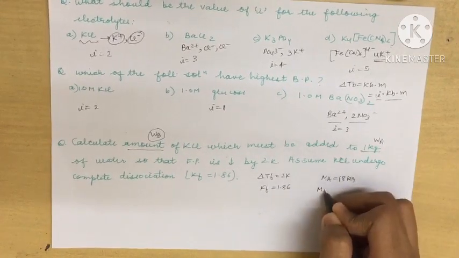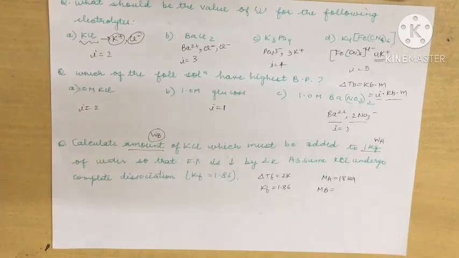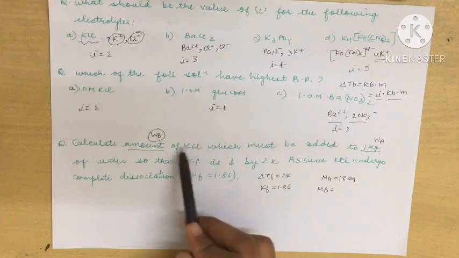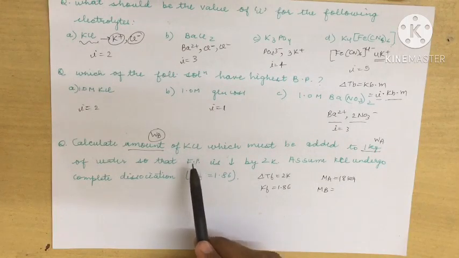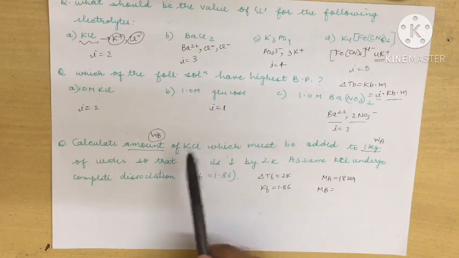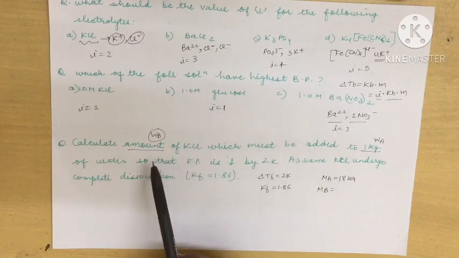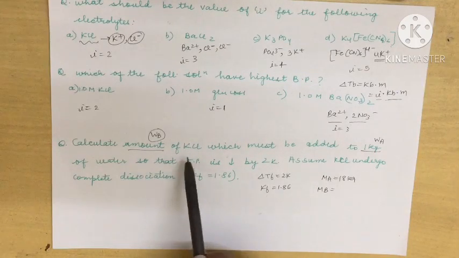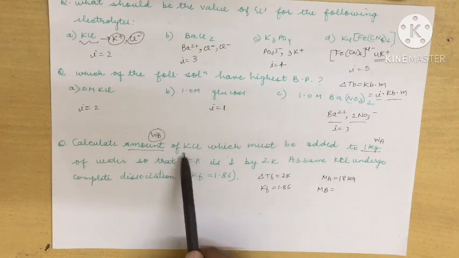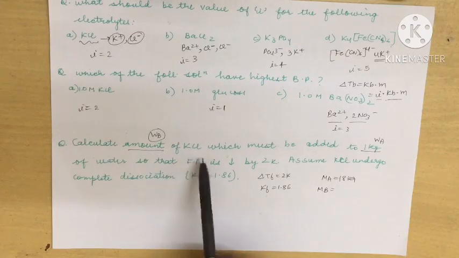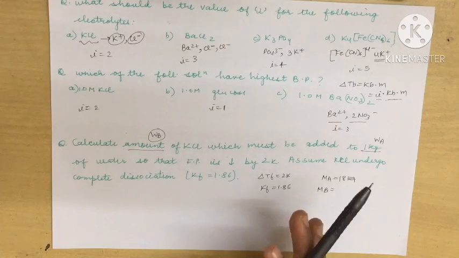Do you know what is the value of Mb, if you calculate the value for KCl? Now see, you are already using the Van 't Hoff factor, so we'll be using it. Here you are not given the actual weight observed, so you cannot use that formula where the value was decreasing or increasing due to the abnormal molar mass.